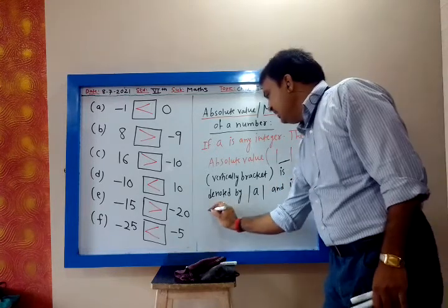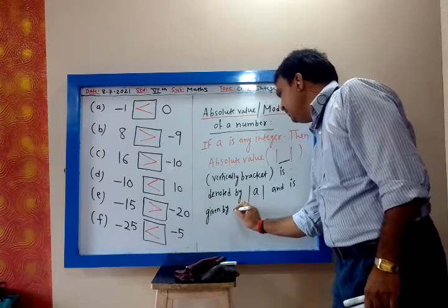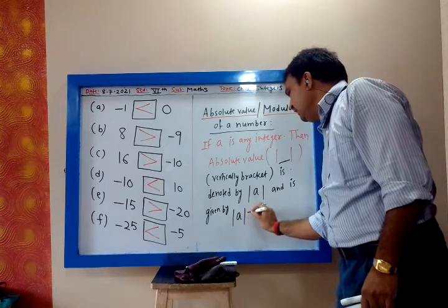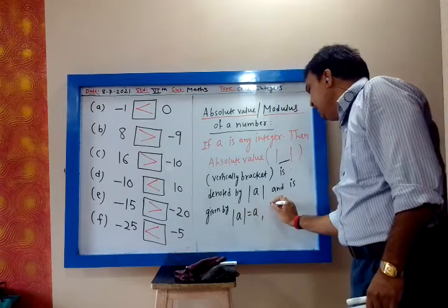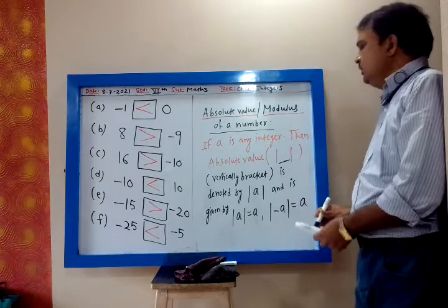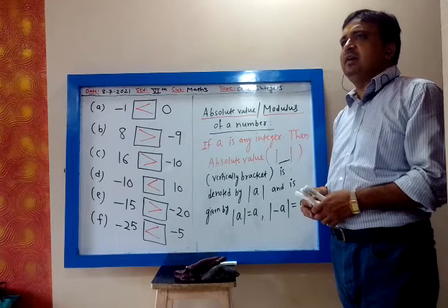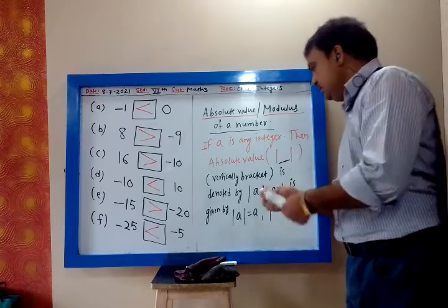The absolute value of A is A. And if A is negative, then the absolute value of minus A is A also. So the absolute value of any positive number or any negative number is always positive.